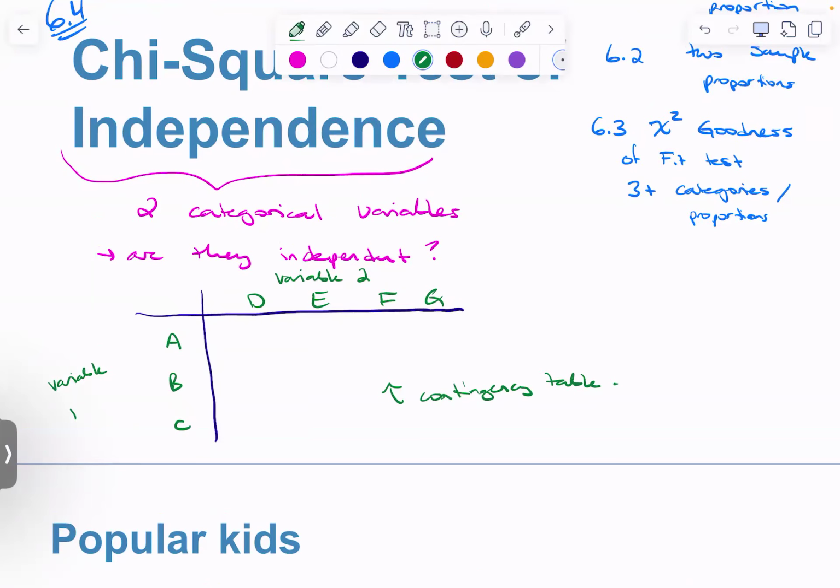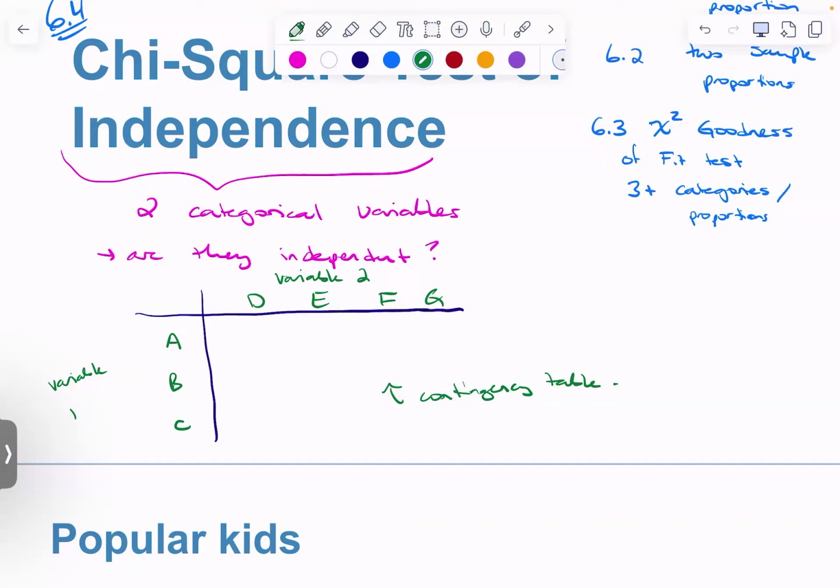We've seen contingency tables before. We spent a lot of time with contingency tables in chapter 3, where we talked about things like how people voted and how they feel about climate change. We had two different categorical variables, each with their own number of categories.